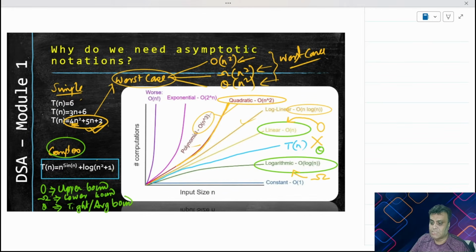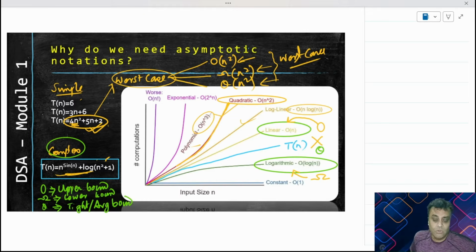For example, this complexity class did not match with anything. So whatever it represented had an upper bound of O(n), had a lower bound of O(log n), which is fine. So the upper bound would have been represented as O, the lower bound would have been represented as omega, and theta would have been the tight bound of this algorithm.